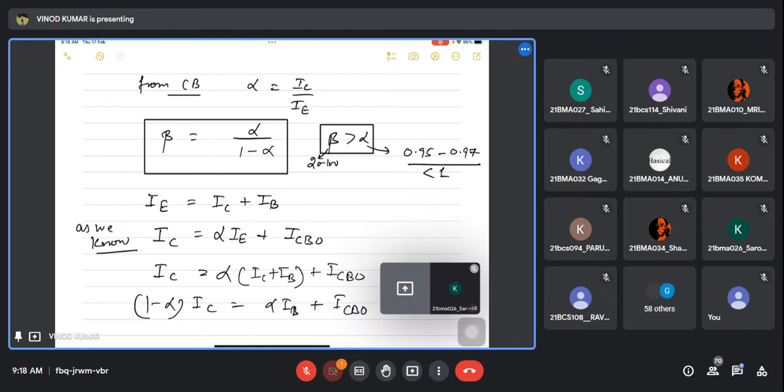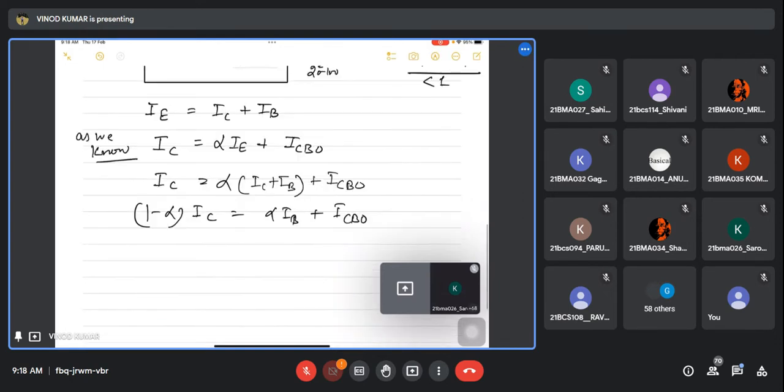Okay, IC is nothing but alpha over 1 minus alpha IB plus 1 over 1 minus alpha ICBO.